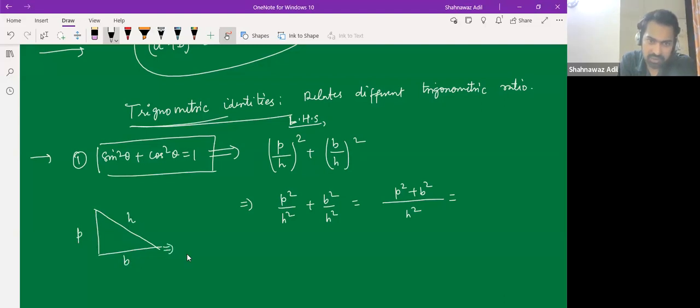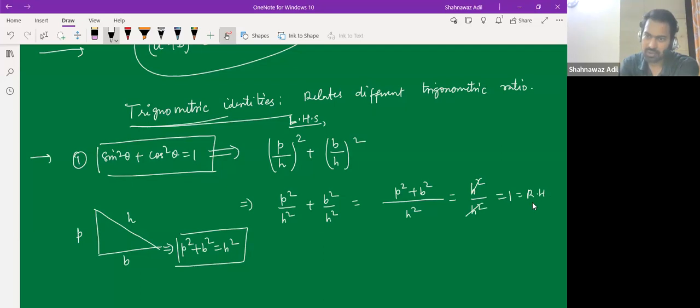The Pythagoras theorem says that perpendicular square plus base square is hypotenuse square. This is the Pythagoras theorem, right? Yes, sir. So this is hypotenuse square divided by hypotenuse square, which is 1, equal to the RHS. If you guys have any doubt, please ask. Otherwise, please note it down. So this is the first identity.